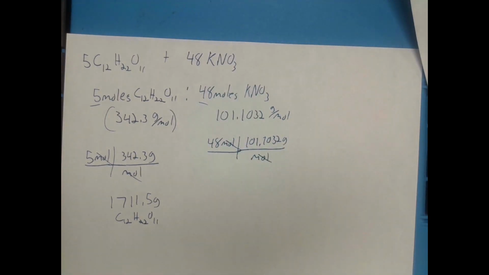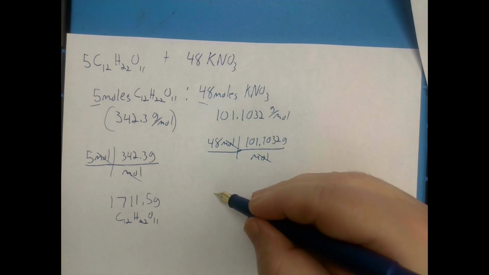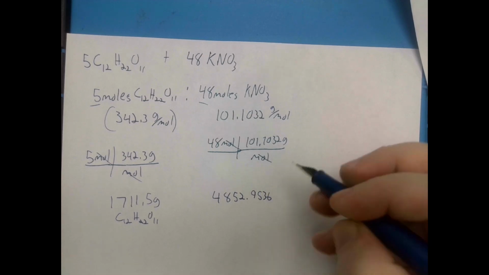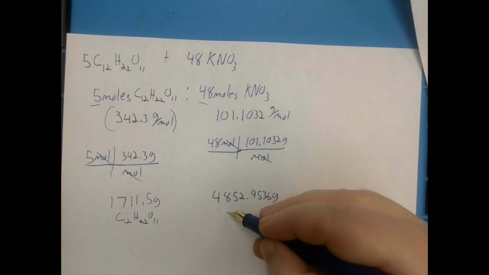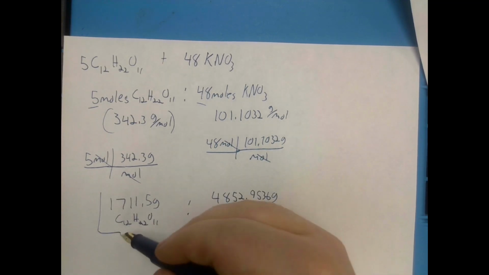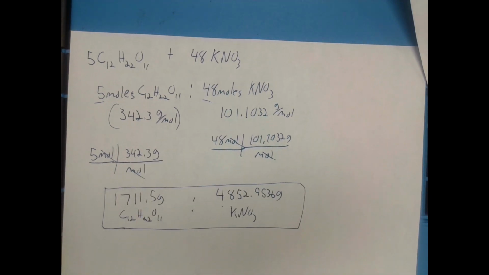Moles cancel out, which gives me 4852.9536 grams. So this is the ratio. These numbers are too big. When you're cooking at the house, surely you don't ever do 1,711.5 parts for every 4,852.9536 parts of this.